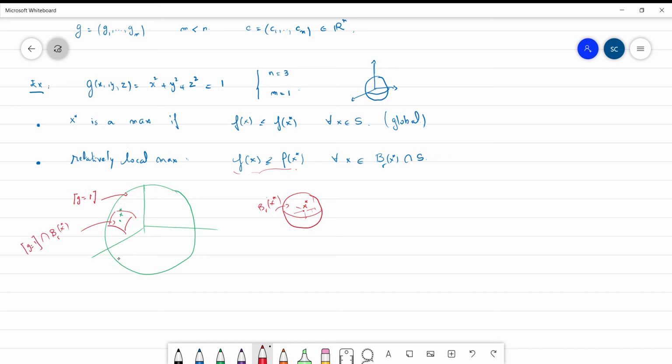Before, I could compare f(x star plus h) less than f(x star) with small h, with norm of h less than R, a vector. But here I can't do that. If I do this comparison like that, I will leave my set. I cannot remain in my set. So this is causing problems.